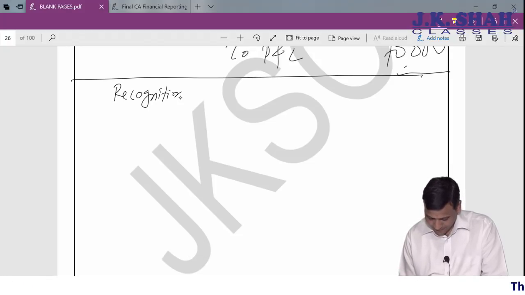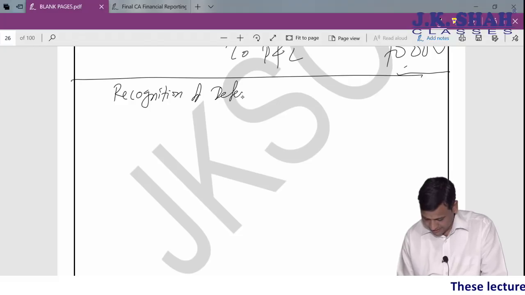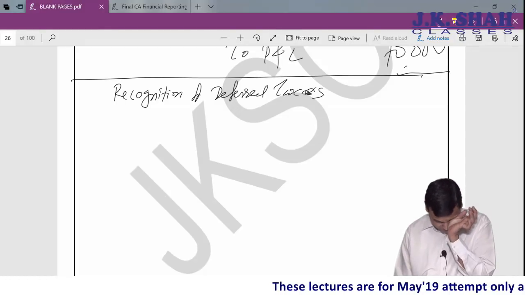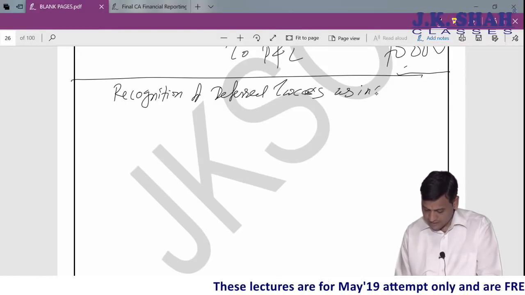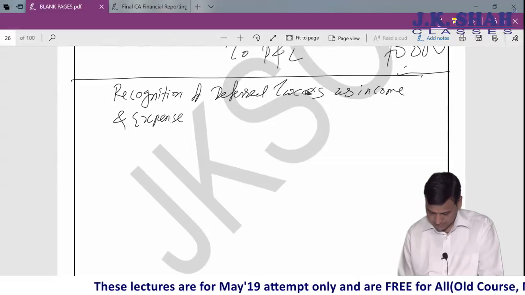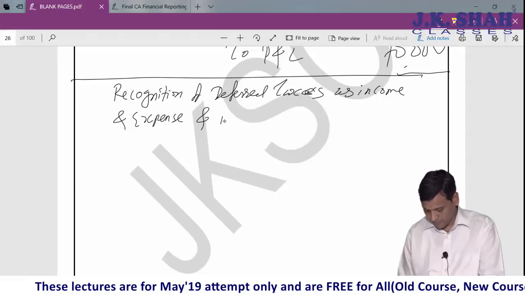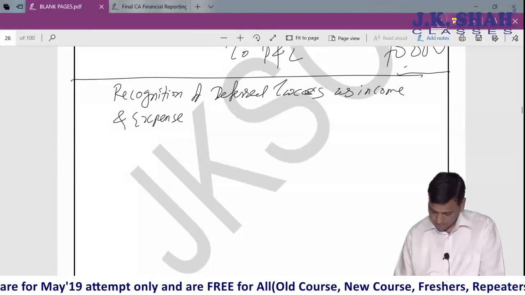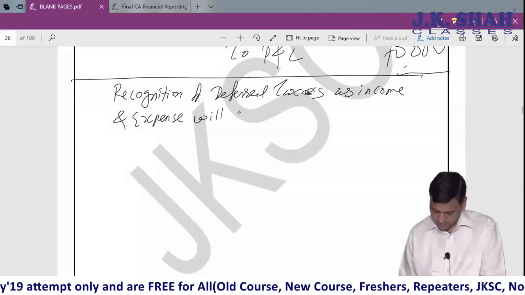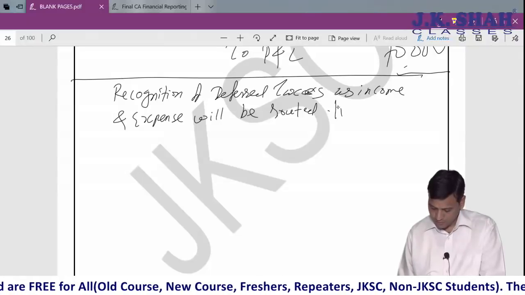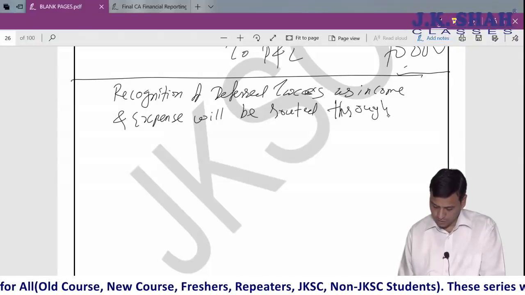Now, recognition of deferred taxes as income and expense will be routed through profit and loss account. Yes or no?